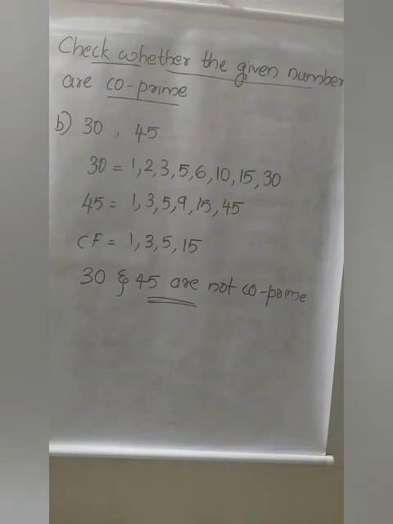No, they are not coprime because they have more common factors. The numbers should have only one common factor, 1. Then only we can say that the two numbers are coprime. Here they have more common factors, so we can say 30 and 45 are not coprime.